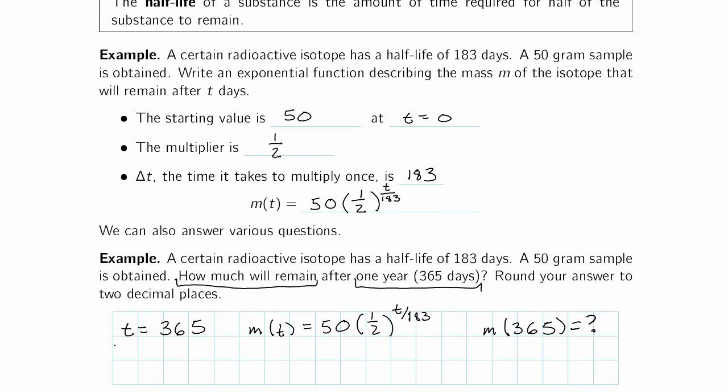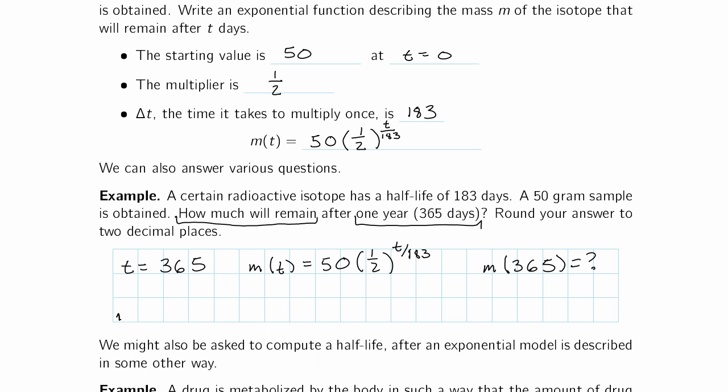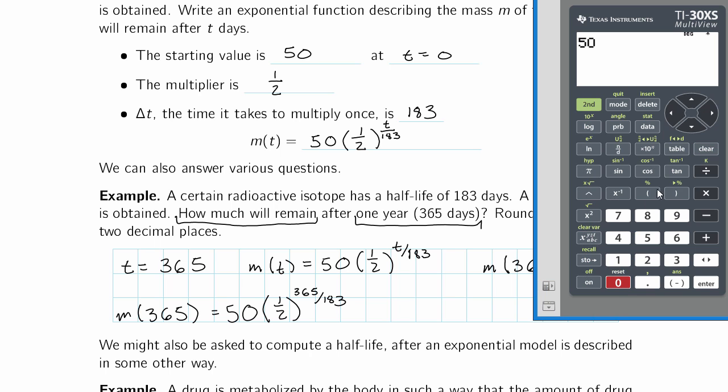So we can just throw that into the calculator, right? m of 365, that'll be 50 times 1/2 to the power 365 over 183. So we say 50 times a half to the power 365 over 183. And of course that's some awful decimal.